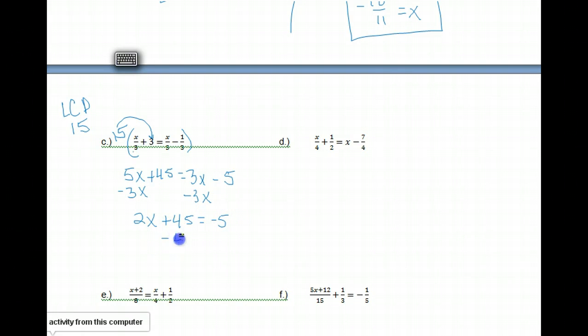Next, we want to subtract 45 from both sides. 2x will equal negative 50 when we add. And then we will divide both sides by 2, and x equals negative 25.